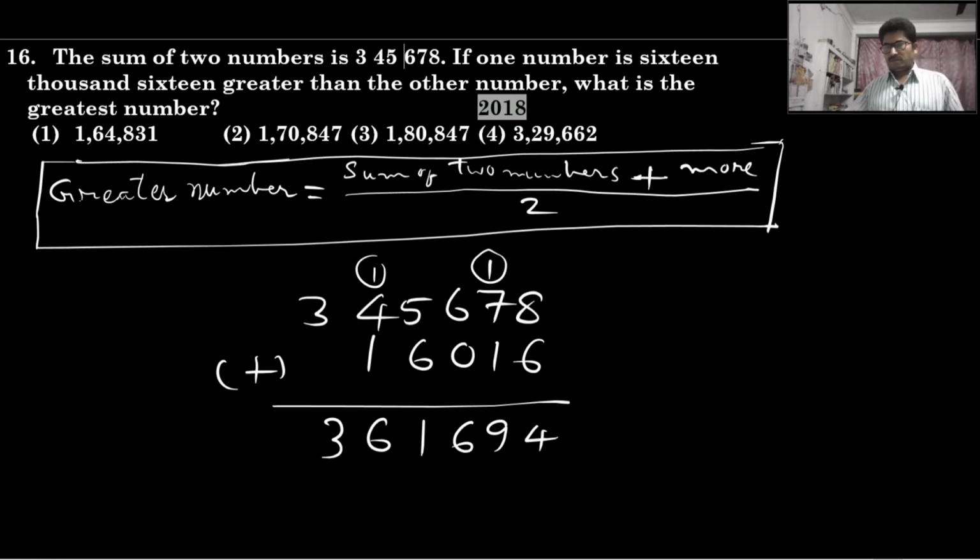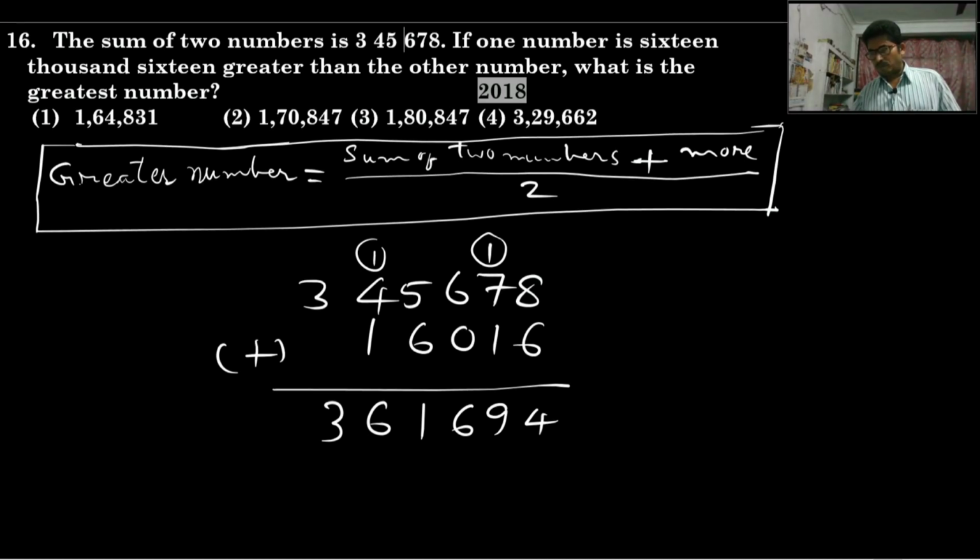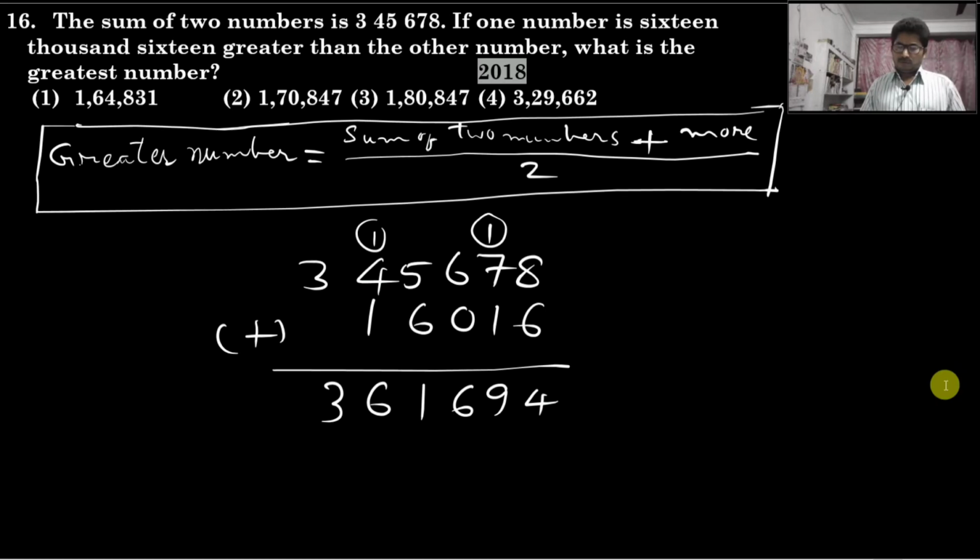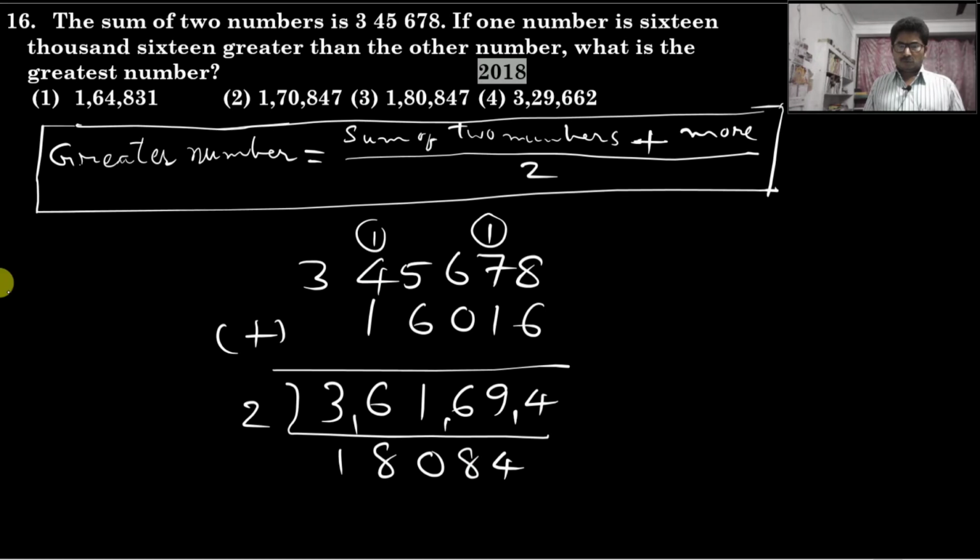Now we have to divide by 2. 2 ones, 2 eights, 2 zeros, 2 eights, 2 fours, 2 sevens. So this is the largest number, 1,30,847. Option 3.